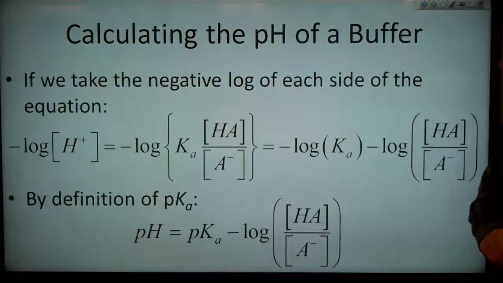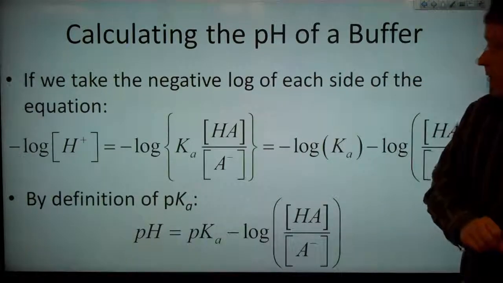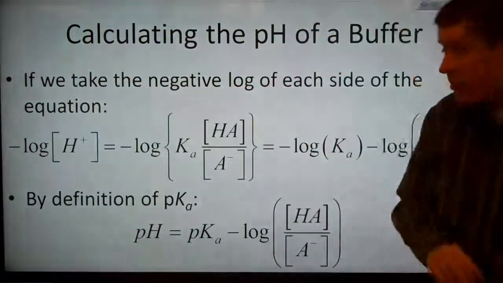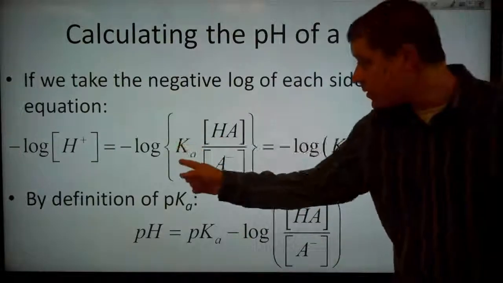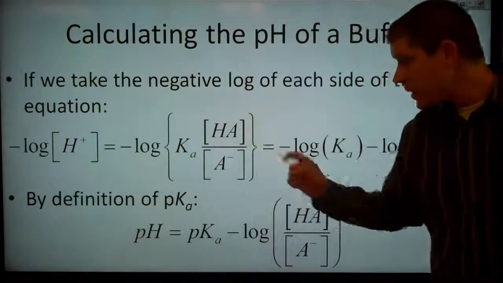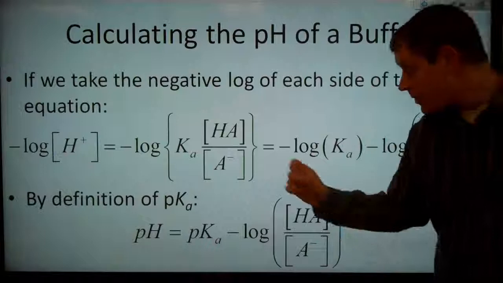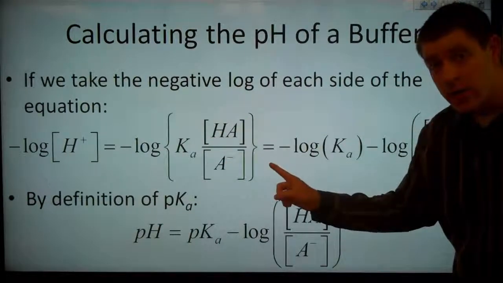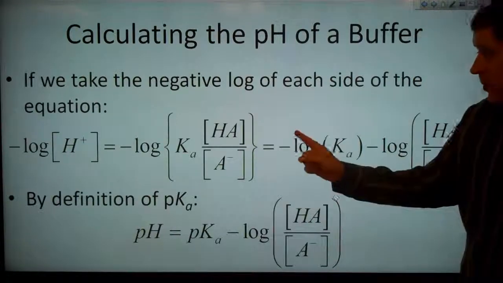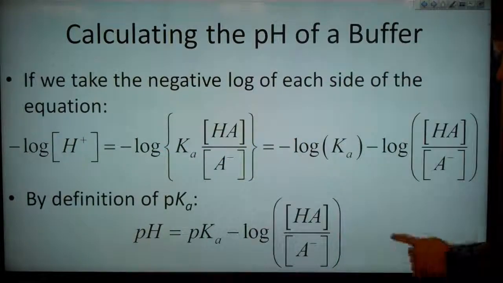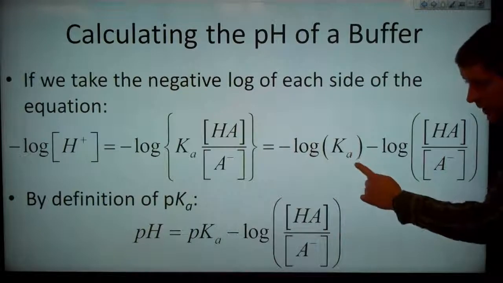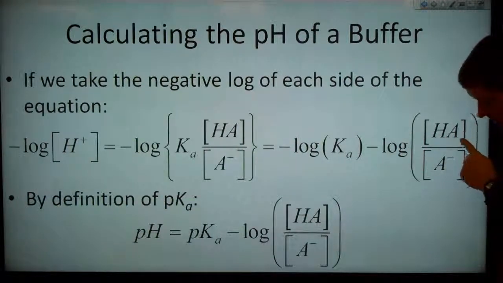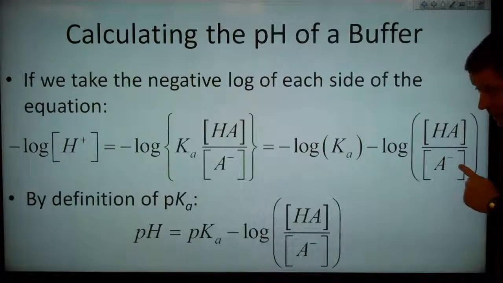And then if we take the negative log of each side of the equation, we have minus log base 10 of the hydrogen ion concentration is equal to minus log base 10 of Ka times the concentration of HA over the concentration of A-. And now we can separate this into two different terms. We can pull out the Ka and have minus log of Ka and minus log of that ratio HA over A-.